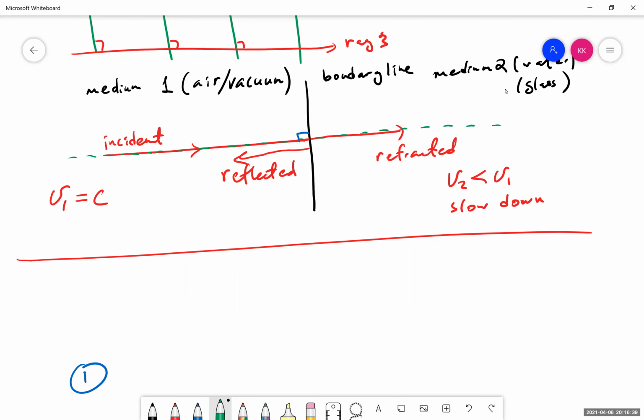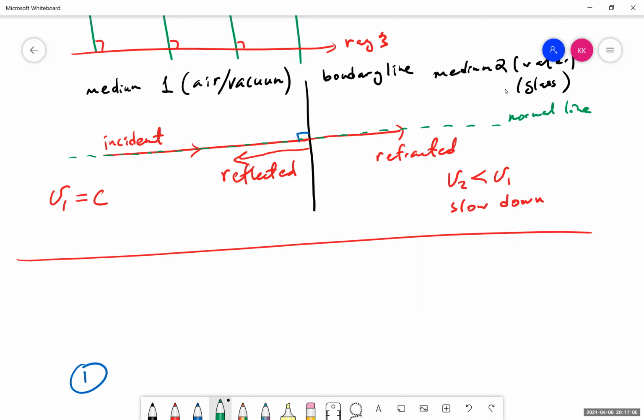In this case, the incident light is along that normal line. Whenever it is along that normal line, this is probably the only time it doesn't really change direction. So it comes, hits the boundary line, and because it is parallel along the normal line, it then goes without changing direction into the next medium.